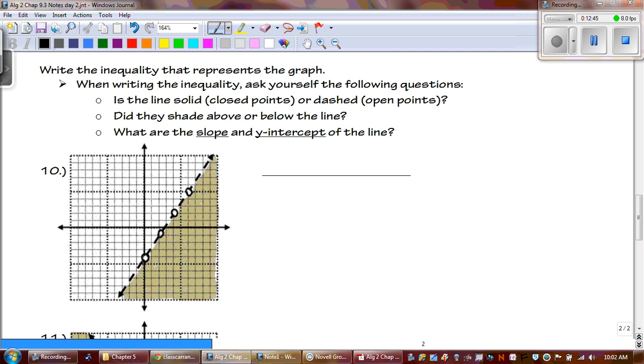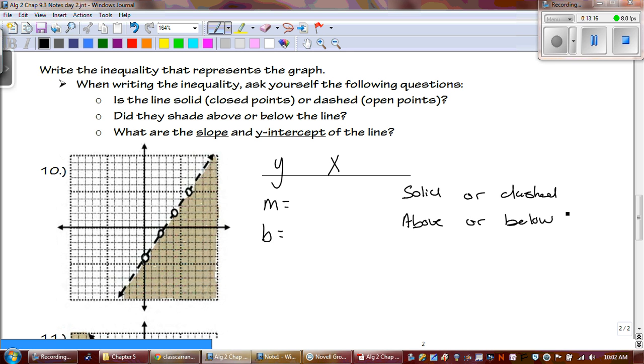So no matter what, we're going to have a y and an x in here. We need the slope, we need the y-intercept, and then we need to ask ourselves about the shading, okay? And so what they're saying is maybe if we need to write solid or dashed, and did they shade above or below, okay?